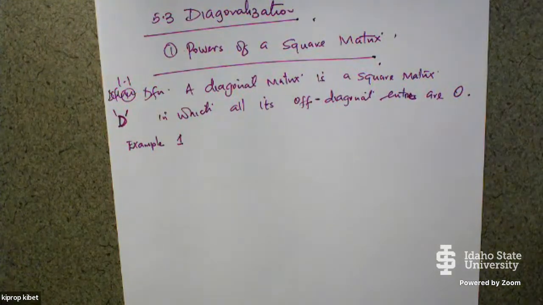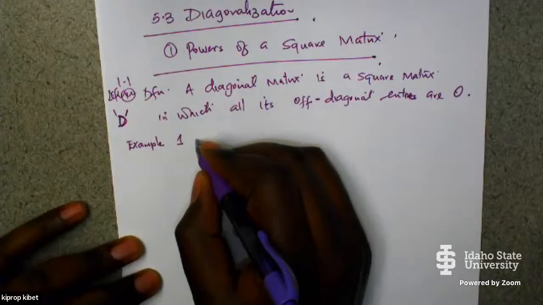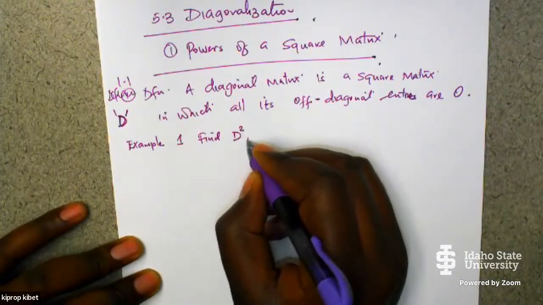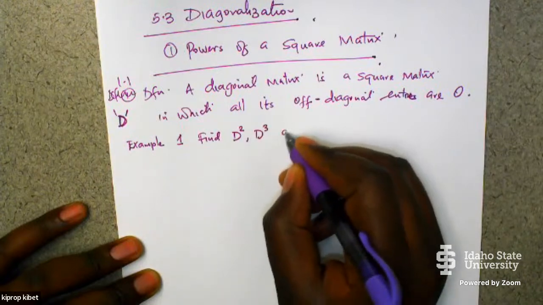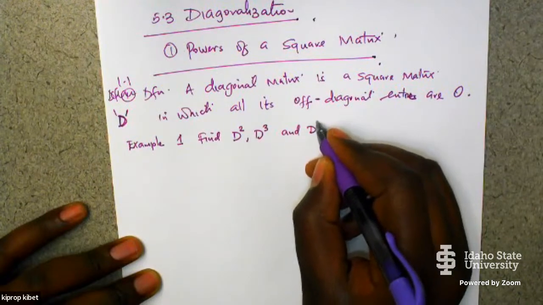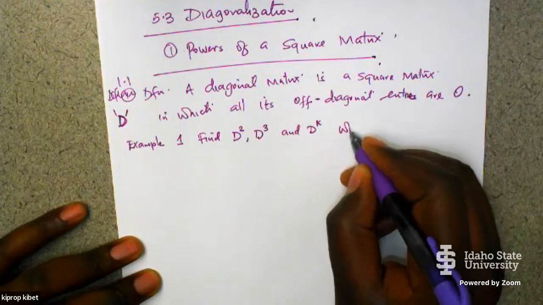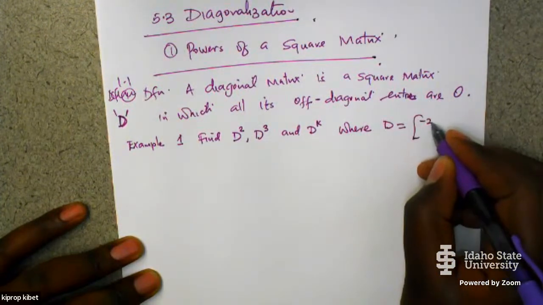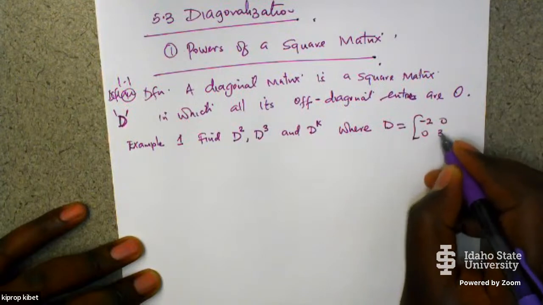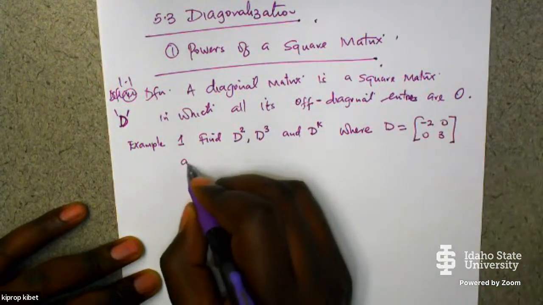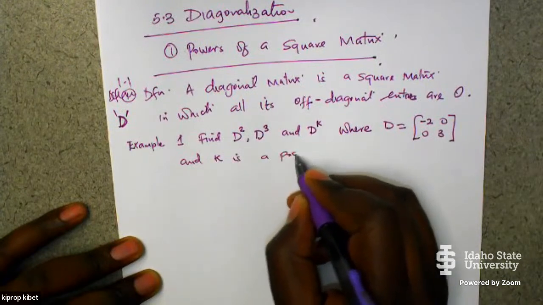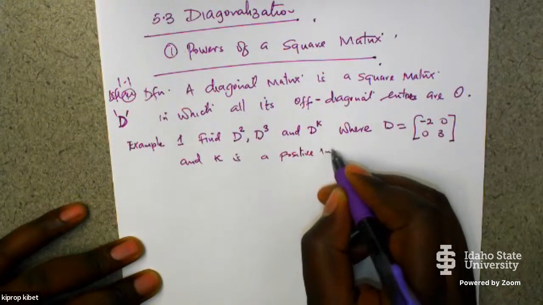Example number 1: find D squared, D cubed, and D raised to k, where D is the matrix with rows -2, 0 and 0, 3, and k is a positive integer.